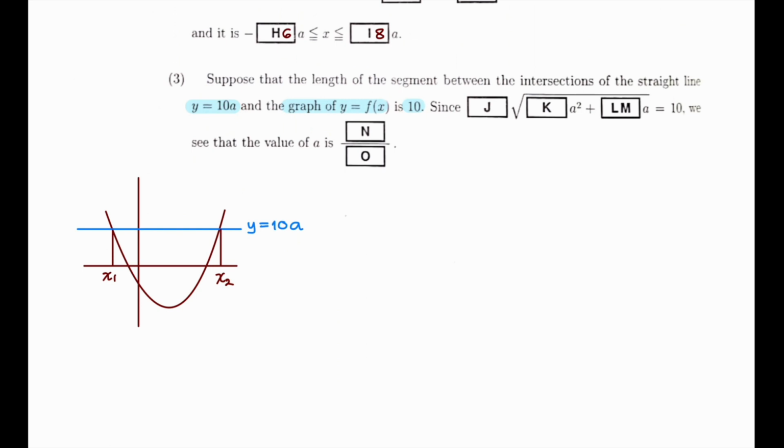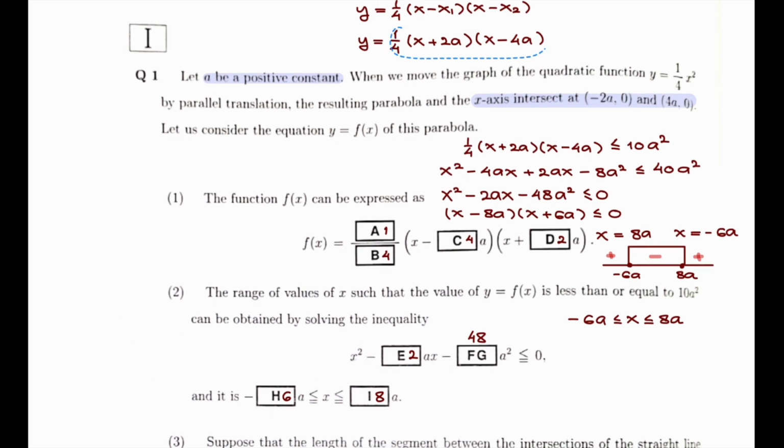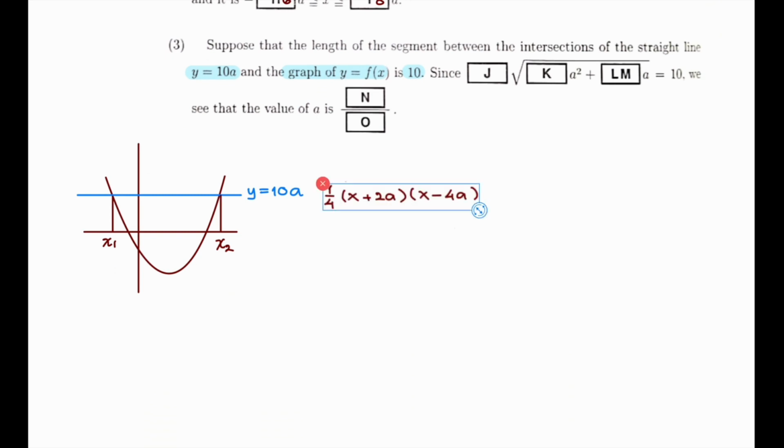If I want to find the intersection between our graph and y equals 10a, we can just equate them. The equation of the parabola is this one. This expression must equal 10a.